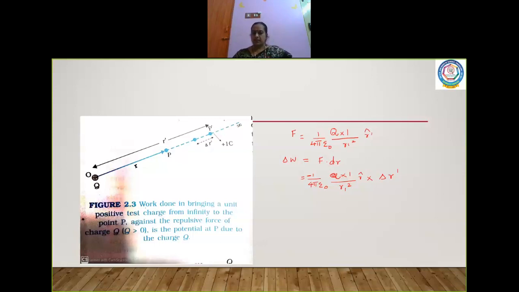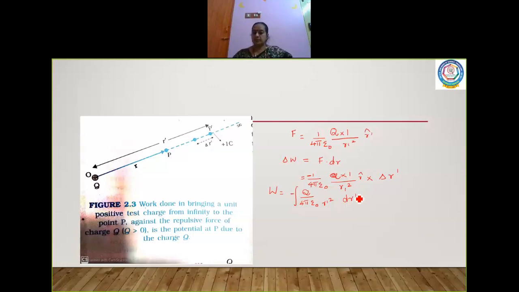So the total work done W is equal to the integral of this equation. Let me take this minus sign out: minus Q by 4 pi epsilon naught R dash square into, instead of del R, I write dr dash. Hope you are clear with this.